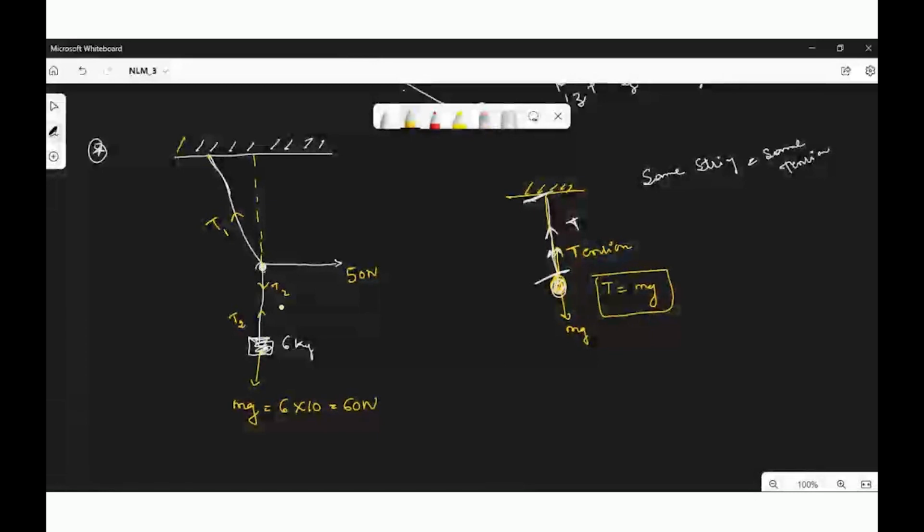And how do we draw the direction of the tension? For example, if you have a string which is rigidly clamped here, and some mass is attached here, and you imagine you are pulling with some force F. Now the tension direction depends on which mass you are observing from.